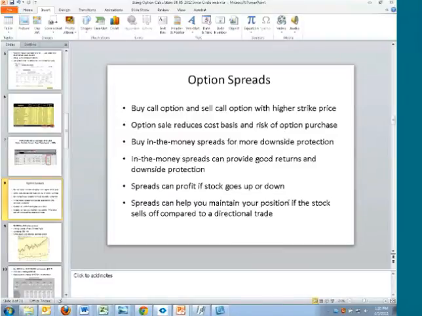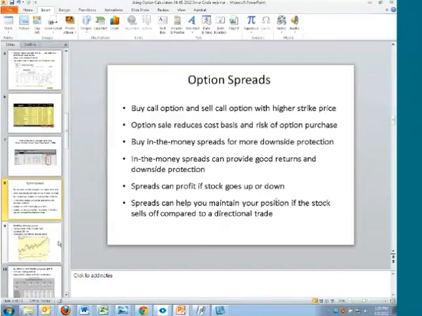But with a spread, you're buying an option and selling an option, and that provides downside protection. The short option profits as the stock's going down. So it provides protection if the stock goes down and can still be profitable even if the stock goes down, depending on the strike price that you sold.